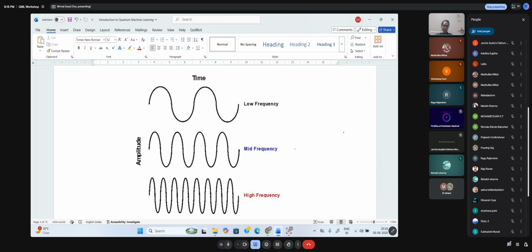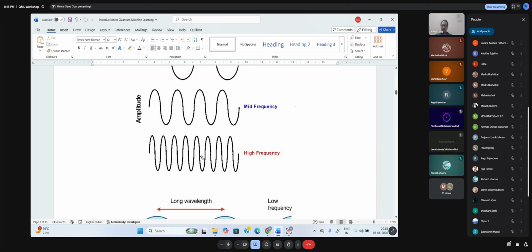If the gap between two crests or troughs is more, we'll say low frequency. If it is a bit less, mid frequency, and if it is very less, then high frequency. In high frequency, you can see more oscillations are present, and your particles oscillate in their energy levels.